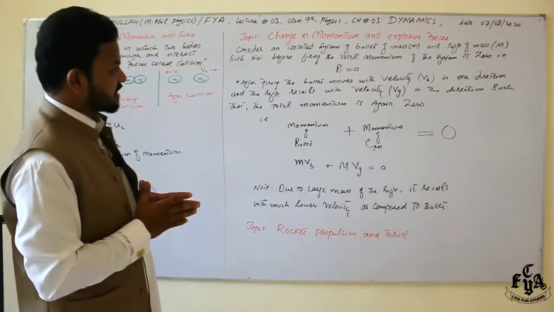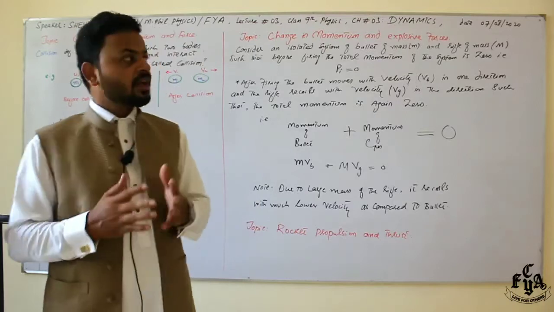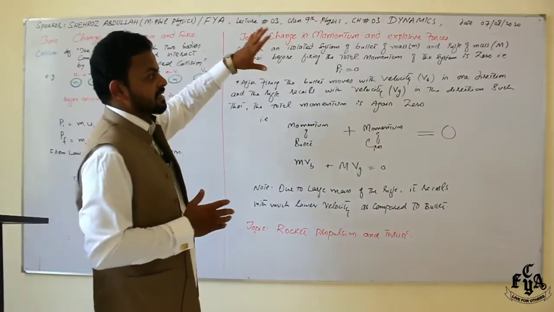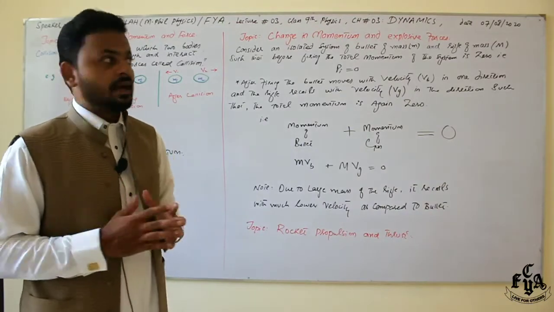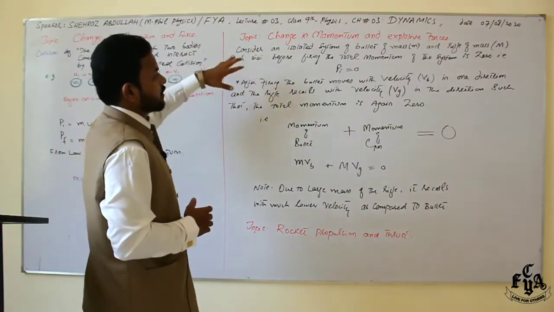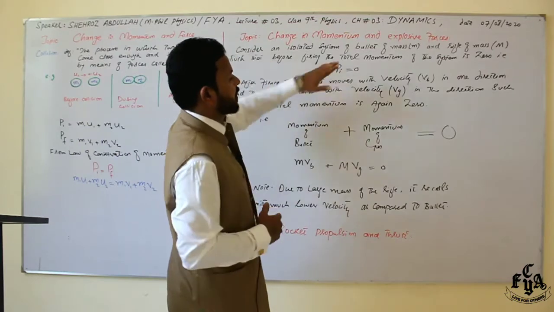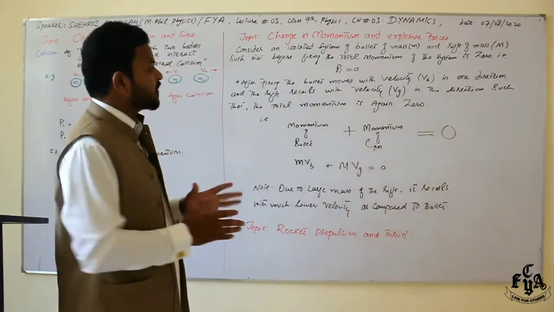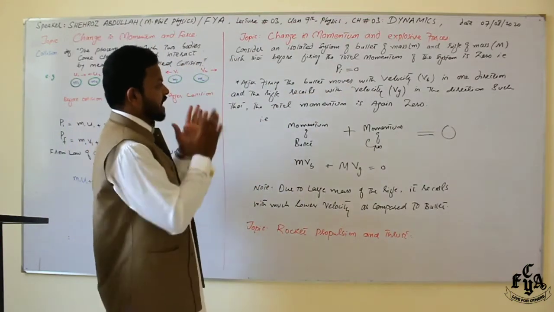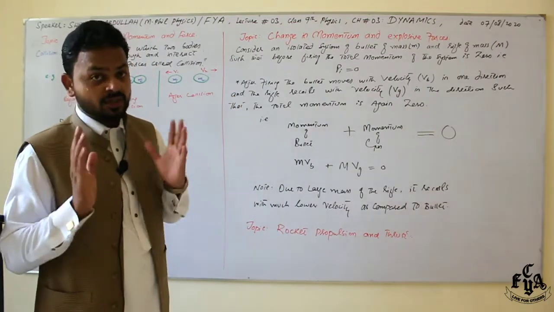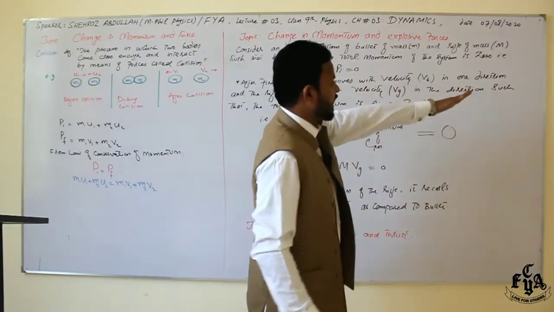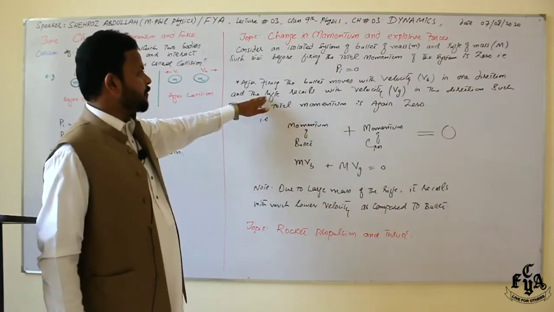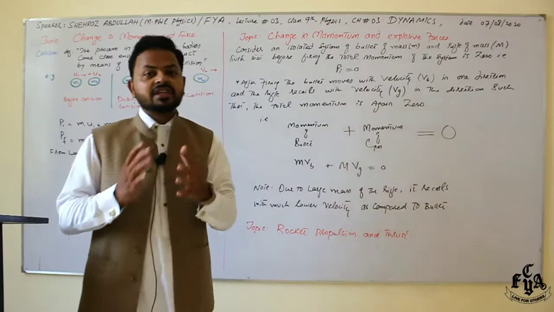Consider an isolated system of a bullet of mass small m and a rifle of mass capital M. Before firing, the initial momentum Pi was 0. After firing, the bullet moves with velocity vb in one direction, while the rifle recoils with velocity vg in the opposite direction.